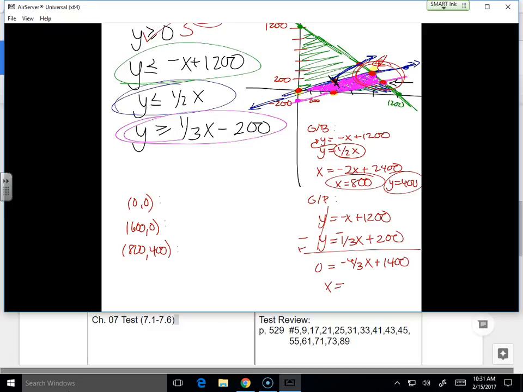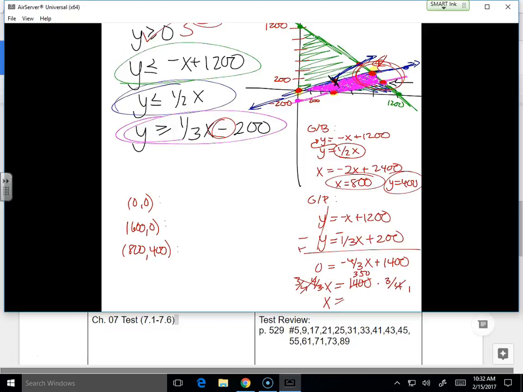Long story short, x would end up equaling... So then you would get 4/3 x equals 1400 multiplied by 3/4. Does 4 go into 1400? 350 times, and 350 times 3.